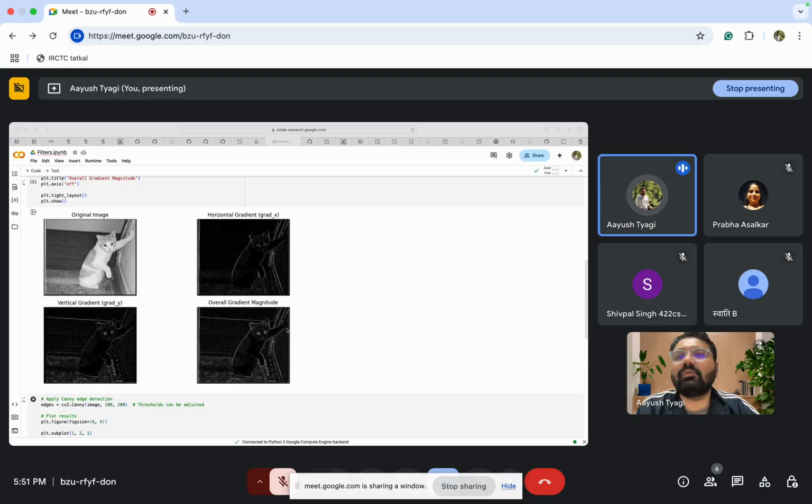But suppose you specifically want your model to focus on these features, what you can do is extract out features using a Canny or Sobel filter and pass them along with your image, so that edges are highlighted and the model is able to learn those edges.